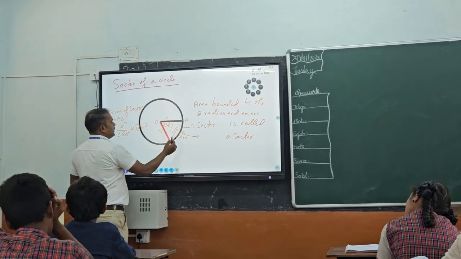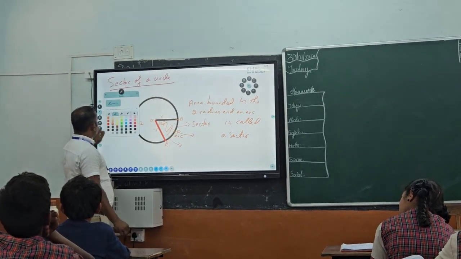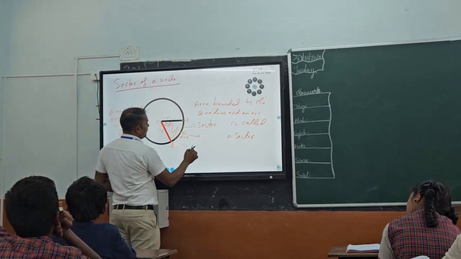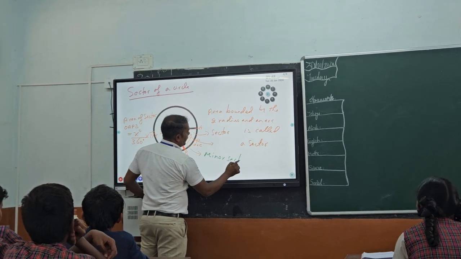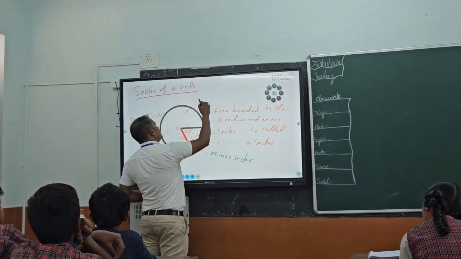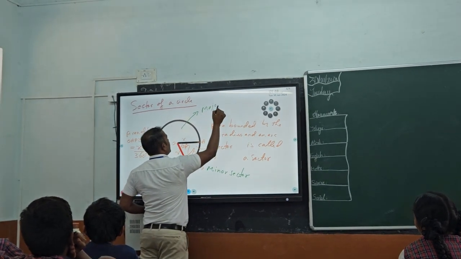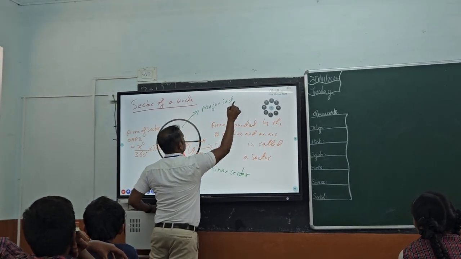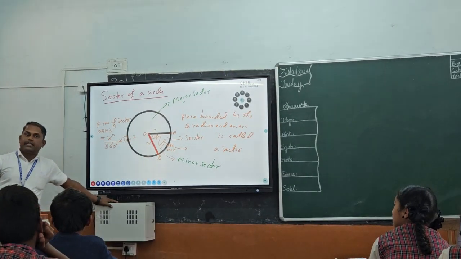Now this area is smaller. So smaller area is called a minor sector. And this biggest part is called the major sector. Understood? Sector, minor sector and major sector.